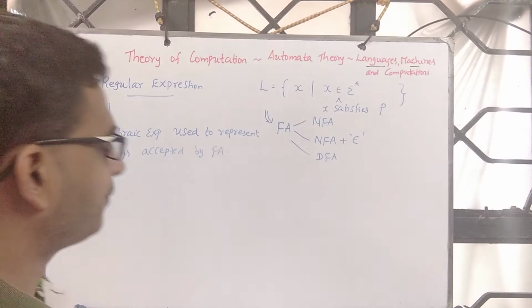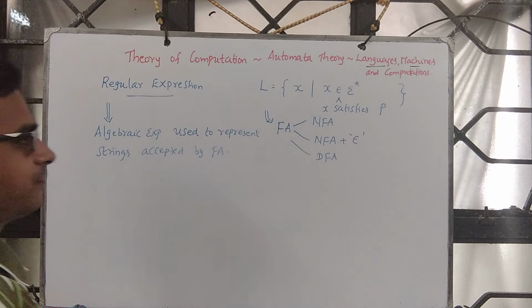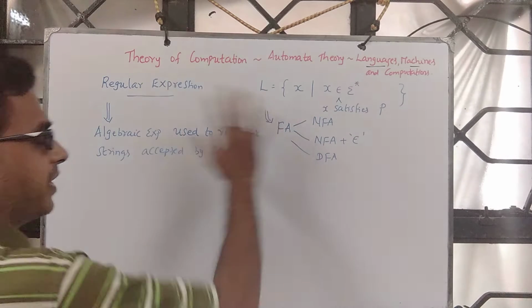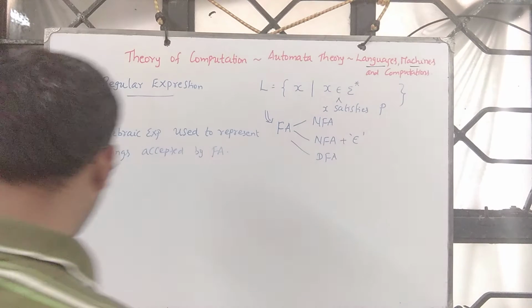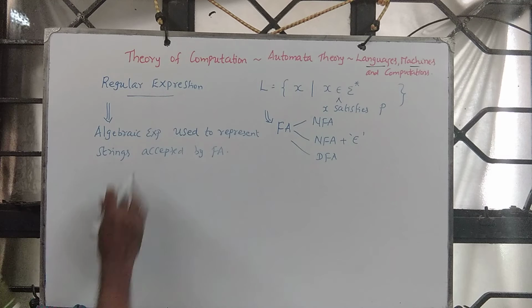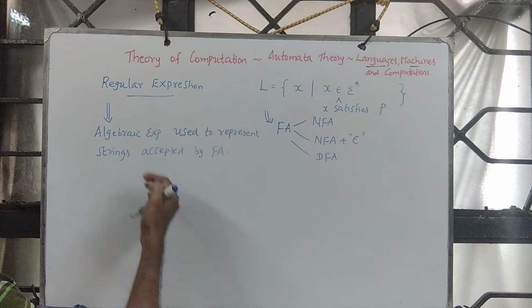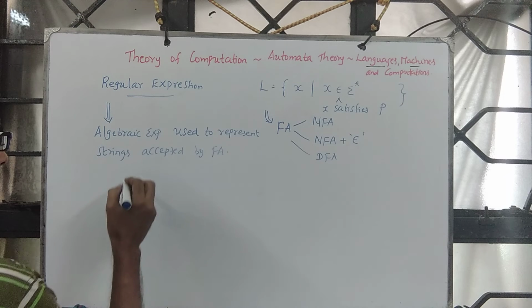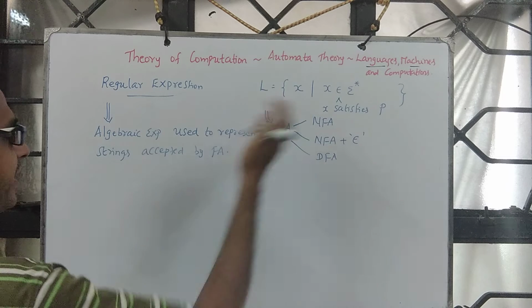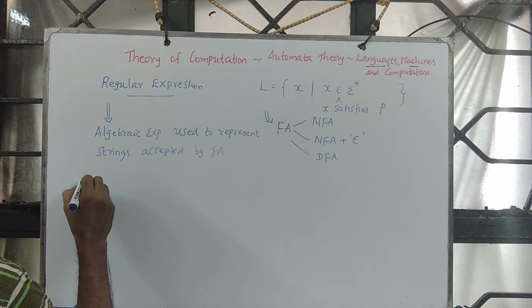This is another way of expressing the set of strings accepted by the automaton. As the name suggests, it's an algebraic expression, so it will involve operators, and it's a set of strings, so naturally set theoretic operations will be applicable.